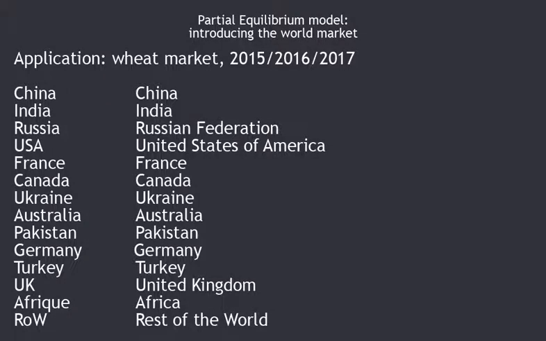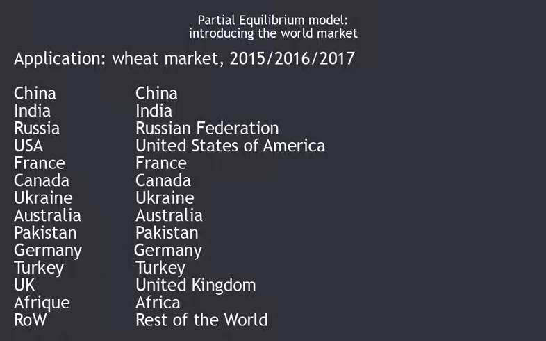Now, let us present the list of countries, and then we will continue with the data that you need to feed this partial equilibrium model. Here are the countries and regions that we consider in this study of the wheat market.